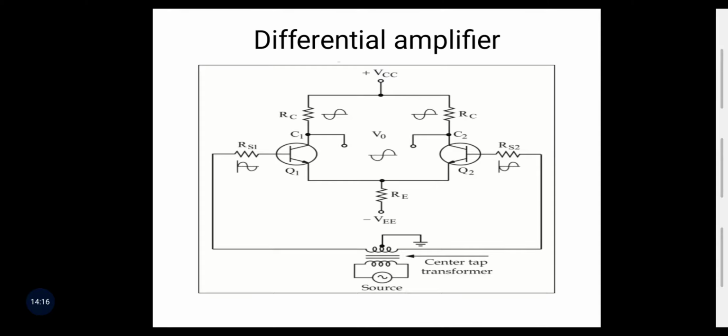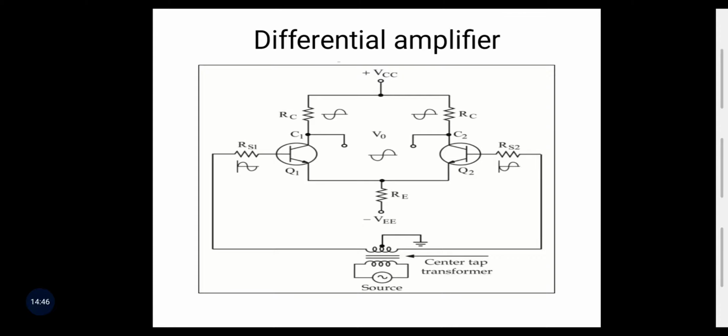When the input signals to a differential amplifier are in phase and exactly equal in amplitude, they are called common mode signals. Here common mode signals are equal in amplitude and have the same phase.